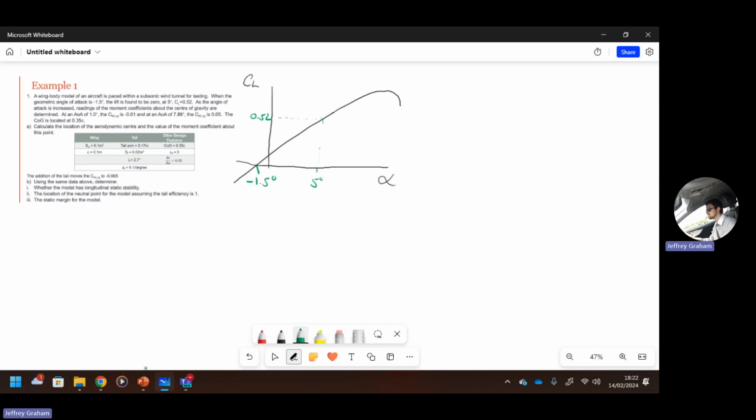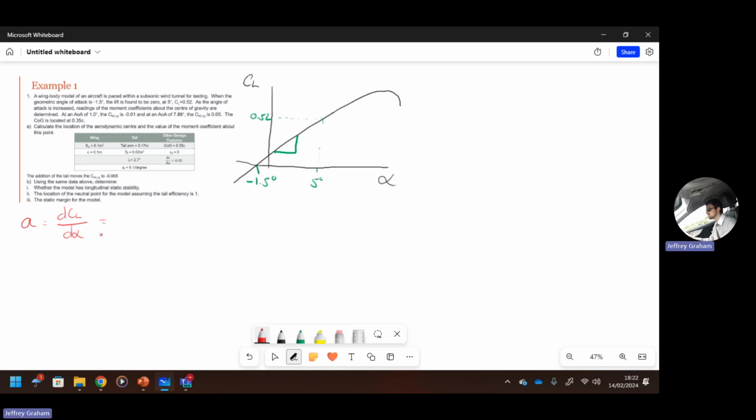Right. Similarly, you get a little bit more information about the pitching moment, about the center of gravity, based on a couple of angles. But the first thing I'm going to do is work out this gradient. The gradient A corresponds to the change in the lift over the change in the angle of attack.